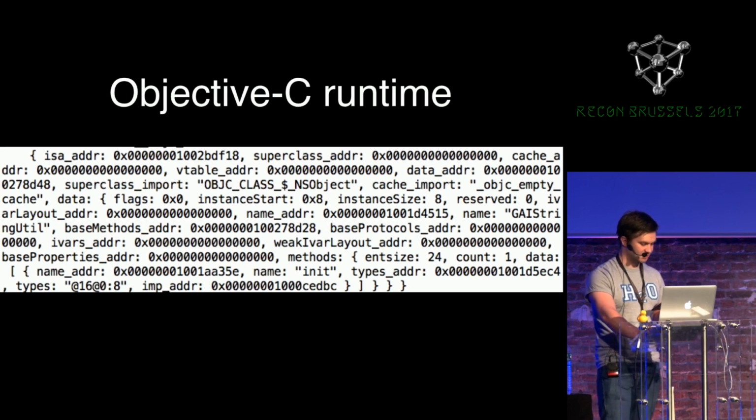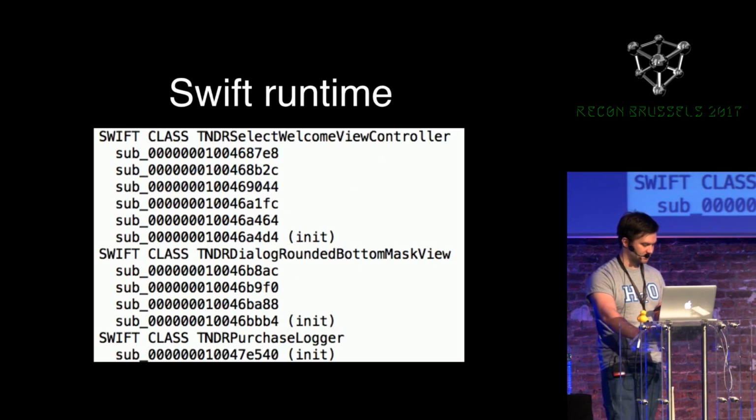We can decode the signature to get precise information about argument types and the return type of this function. The next slide shows us an example of a recovered Swift class. It's worth mentioning that we were unable to recover anything but class names and virtual tables. Even function names are missing and cannot be recovered from the binary.